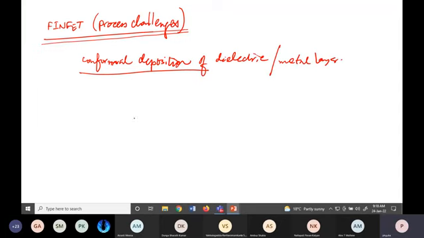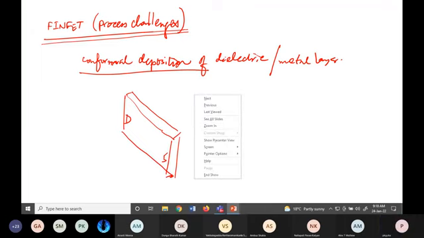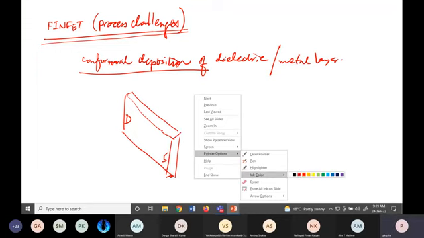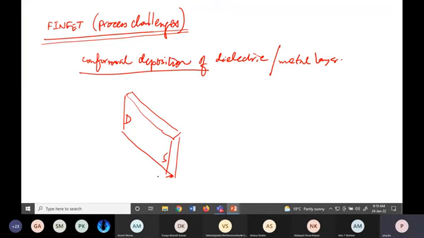Because as I said, this is my fin, my source and drain. We have to deposit metal contacts around source and drain, right?